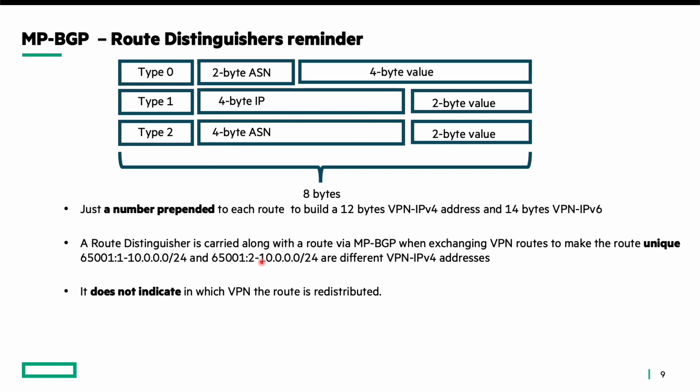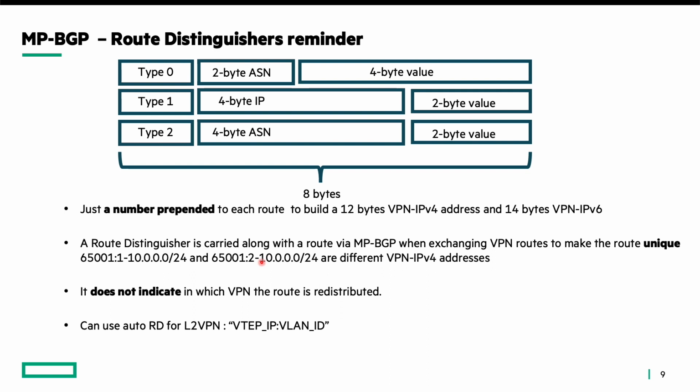But, and it's usually what is confusing with route distinguishers, it's not indicated at all where the route is being redistributed, so in which VRF. It's just to make it unique, not controlling the propagation or the installation of the prefix into the VRF routing table.